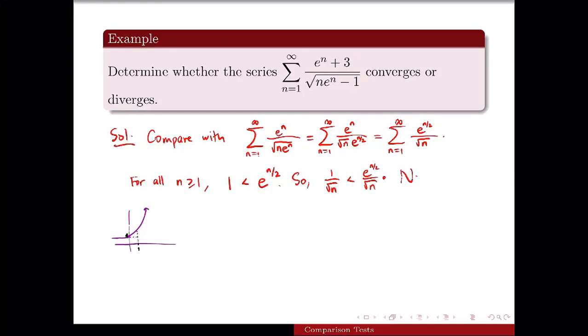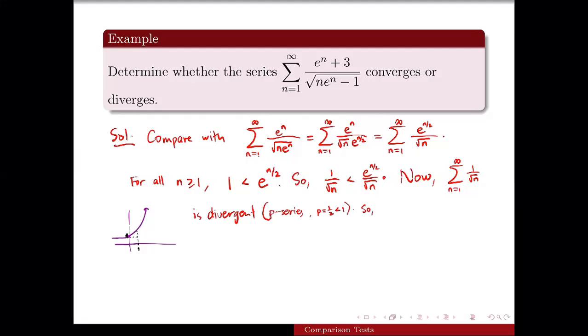Now, the series 1 over square root of n, n from 1 up to plus infinity, this series is divergent. Again, the reason is it's a p series with p equals 1/2, which is less than 1.